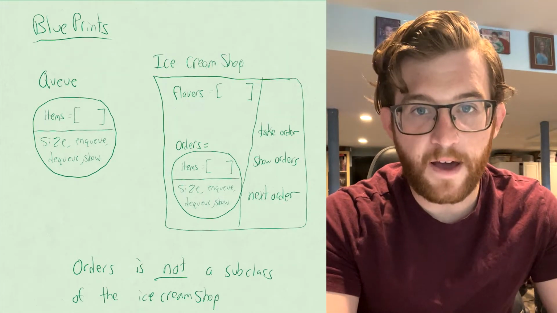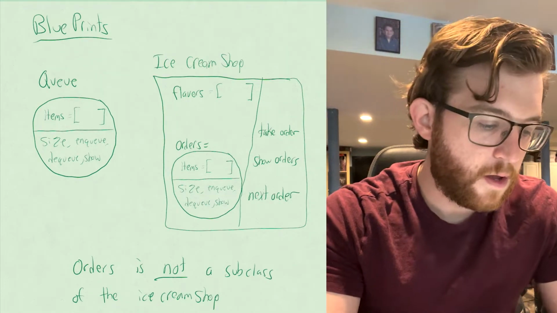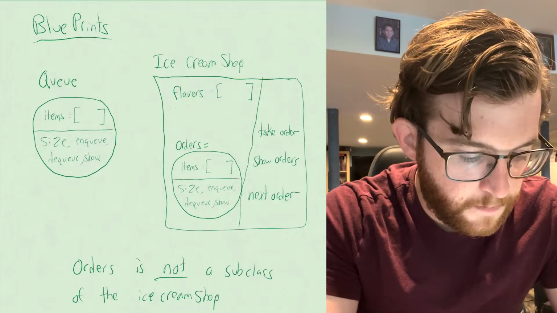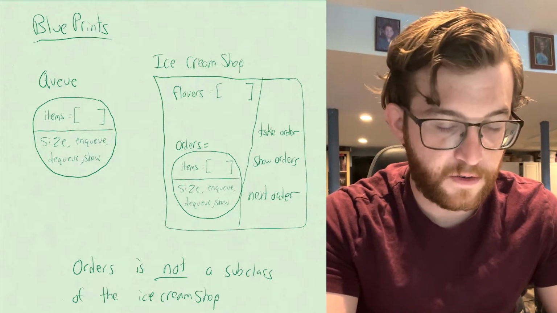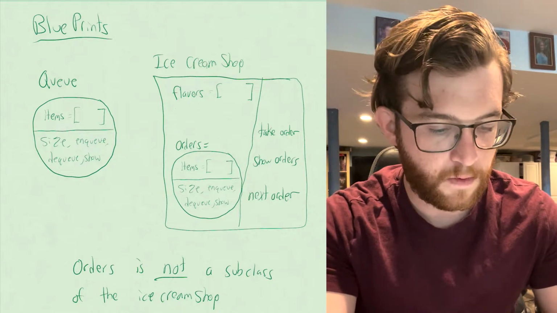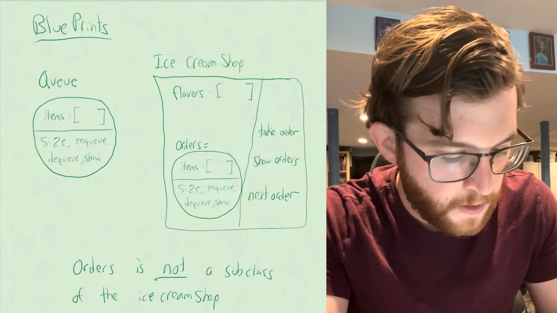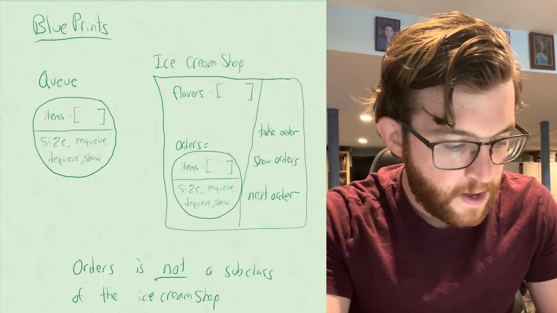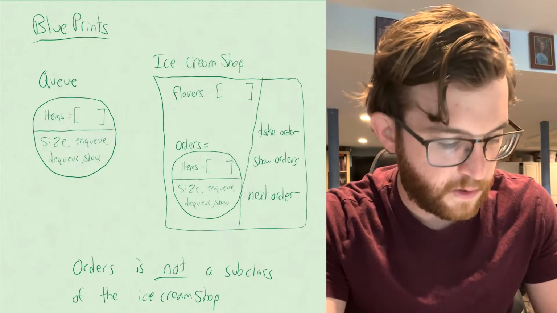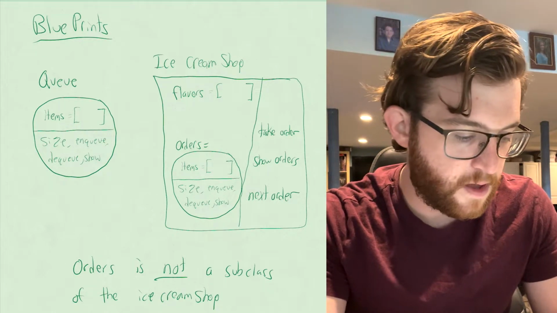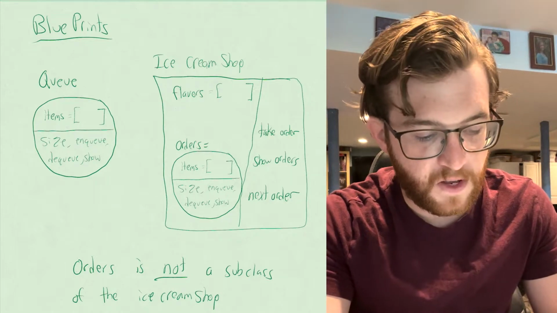So let's go over what we have so far for our blueprints. We have our queue object. This is going to later be called orders. So these names will be interchangeable with each other for the sake of this example. And inside our orders, or the queue, we have the attribute items. This is a list.